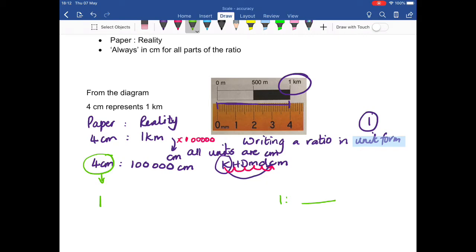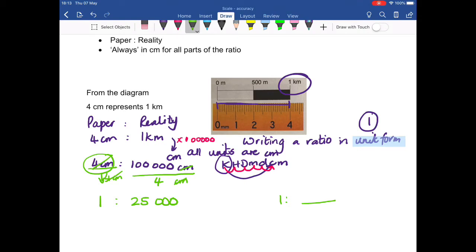Right, to get 4 centimeters to equal 1 centimeter, I'm going to divide by 4 centimeters. So both of those cancel, and I'm left with 1. What I do to the one side of the ratio, I do to the other. So I'm going to divide by 4 centimeters. So centimeters cancel. And if I do this, 4 goes into 125, and I've got 3 zeros left. These are centimeters.